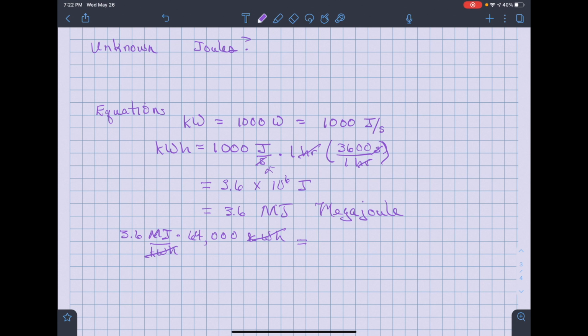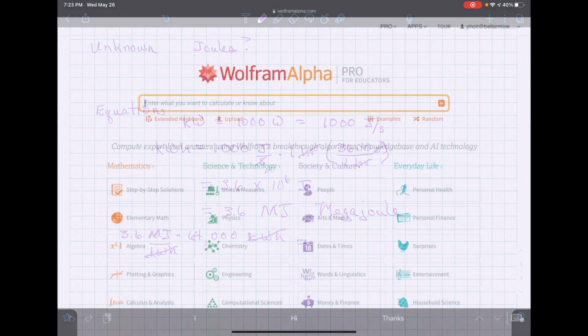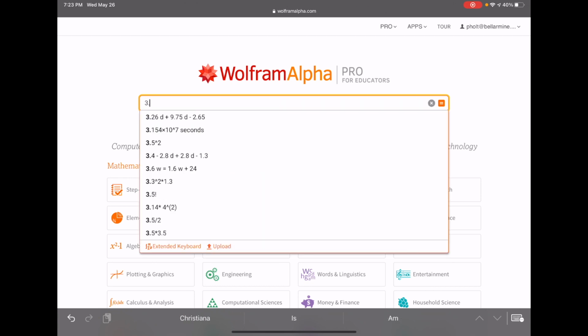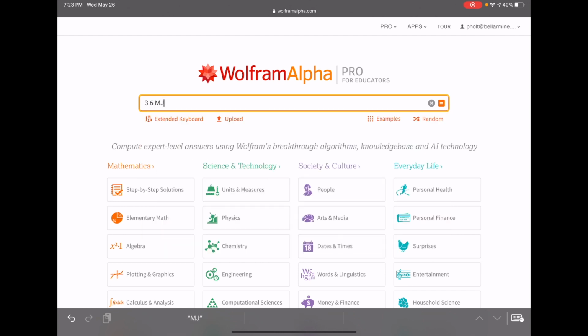So what we're going to do is I'm going to switch over here to Wolfram Alpha real fast, and we'll do that multiplication. So here we go. We're just going to go ahead and type in the 3.6 times 64,000.